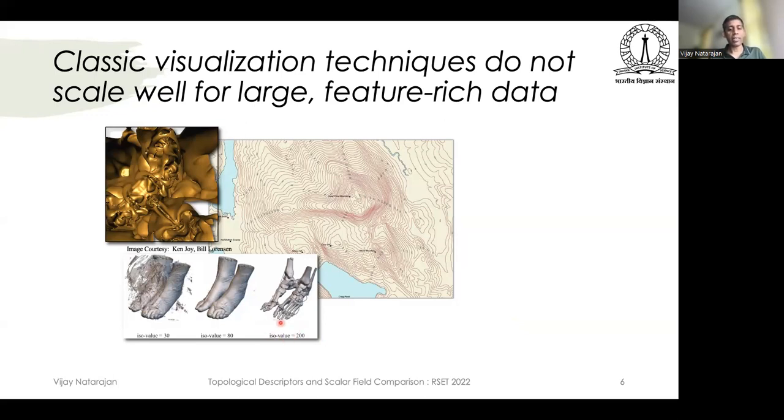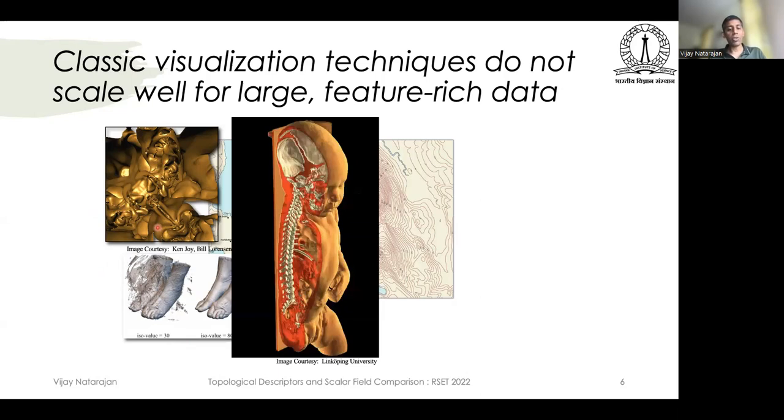This helps us extract and understand the bone structure or the skin structure and so on. But this technique quickly becomes difficult in practice, specifically when the data becomes large and feature-rich and the isosurfaces become complex.